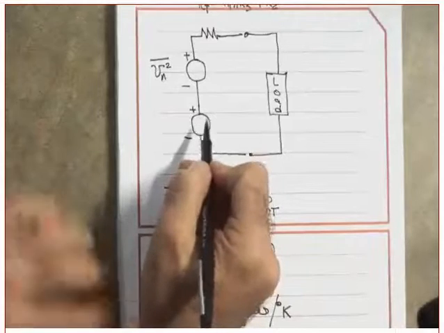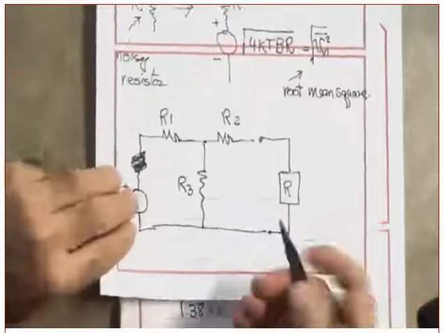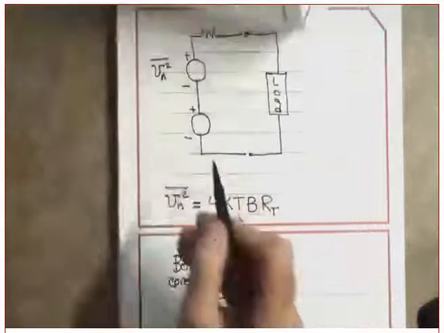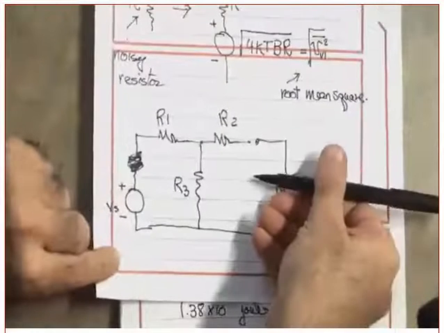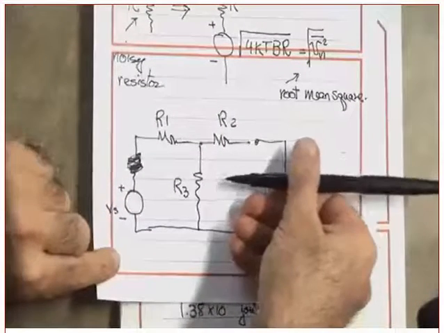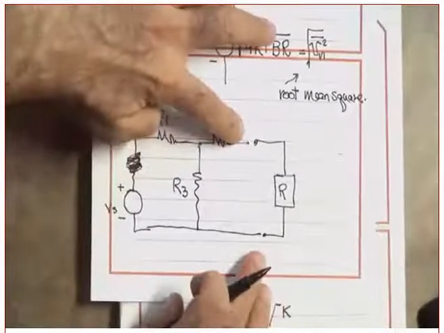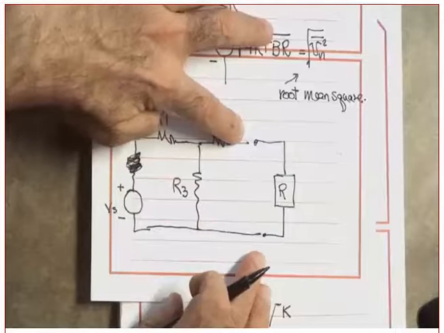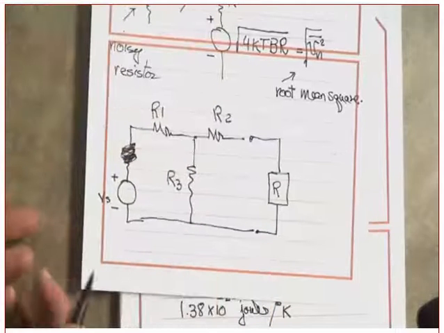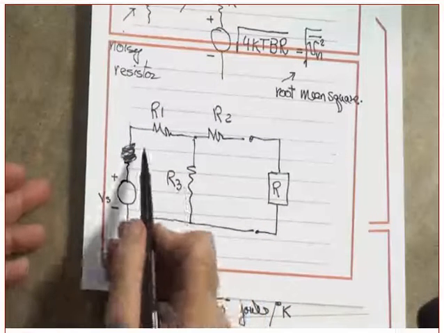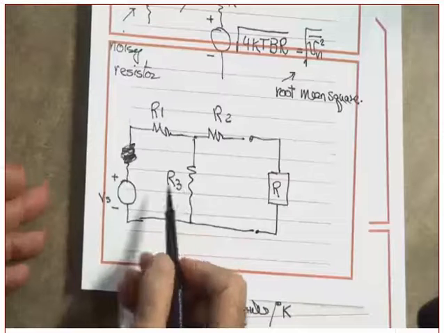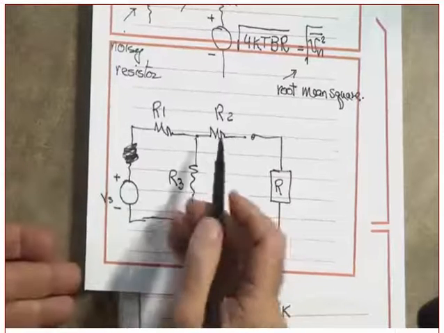What is this voltage? Is it Vs? This is the voltage looking at here, with this one being open. So it is Vs times R3 divided by R1 plus R3. This one, R2, does not get into the picture.